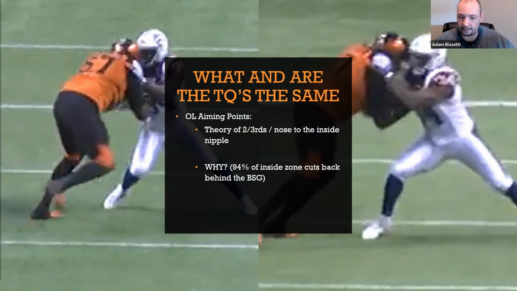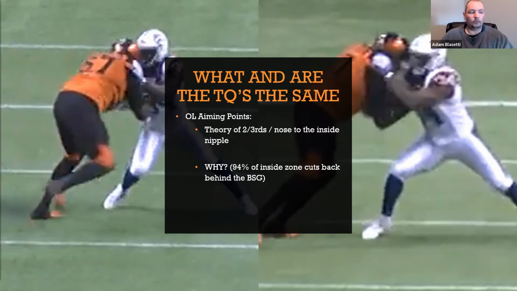If you're always working to the same aiming point, your footwork condenses. It becomes smaller, faster, and it reinforces those habits and muscle memory without having to dedicate extra drills to it.